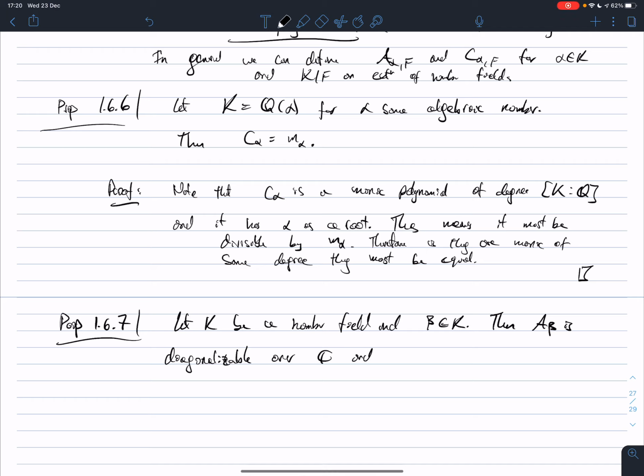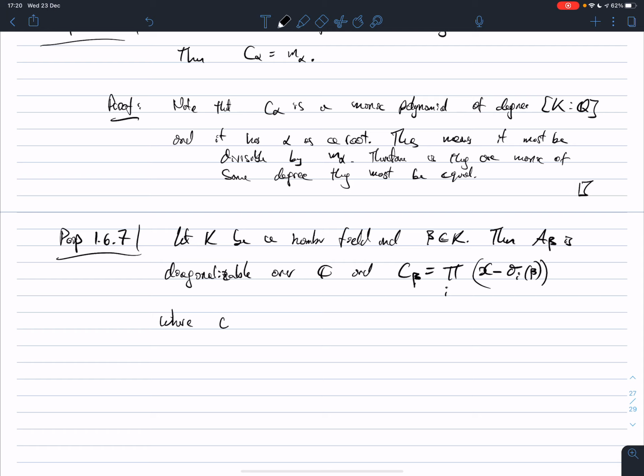And moreover, C of beta can be written as a product over i of x minus sigma i of beta, where sigma i are all the embeddings of K into the complex numbers. So my characteristic polynomial over the complex numbers is going to factor over all the embeddings of my root beta, which, if you remember, were all the conjugates of beta.